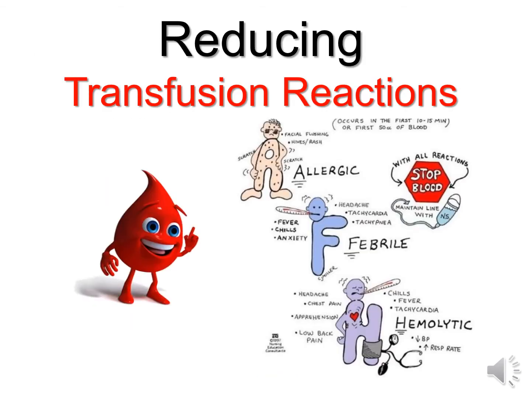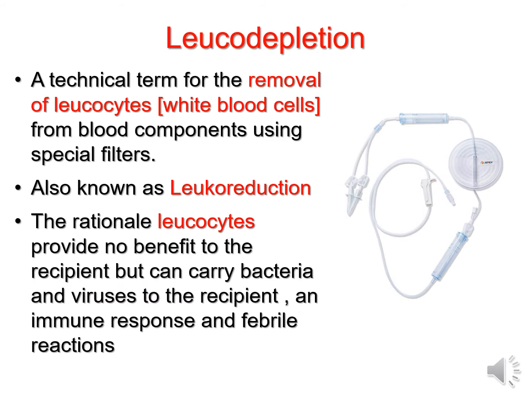Let's look at reducing transfusion reactions. There's a method, a technical term, leucodepletion, which removes leukocytes, blood cells that are white, from blood components using special filters. It's also known as leukoreduction, reducing the amount.